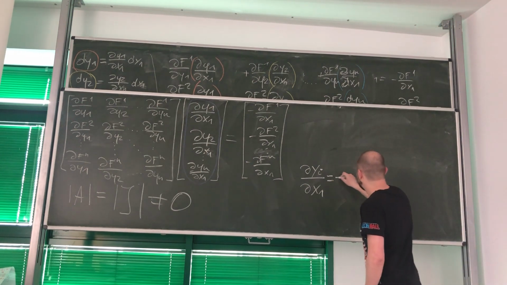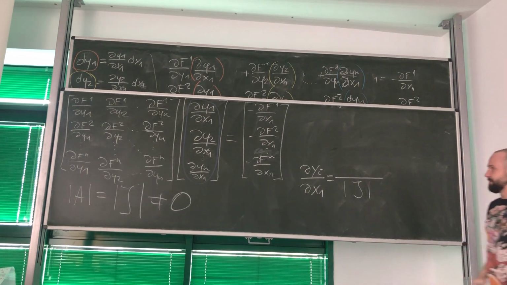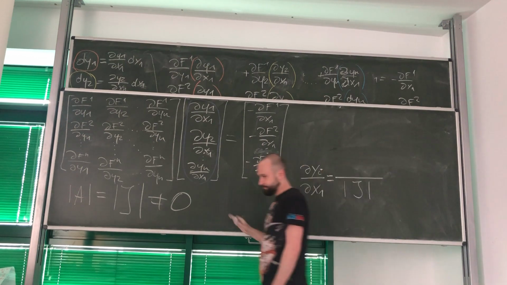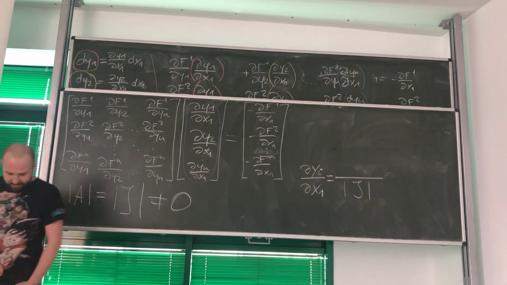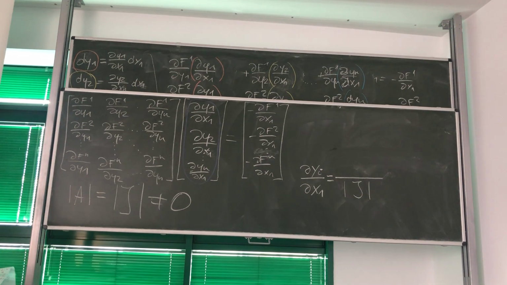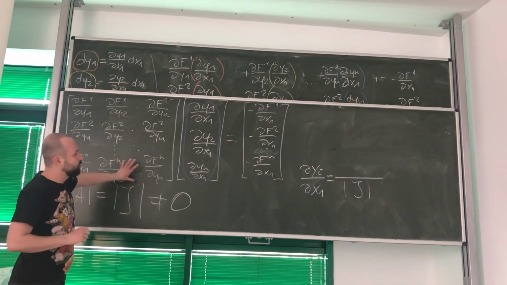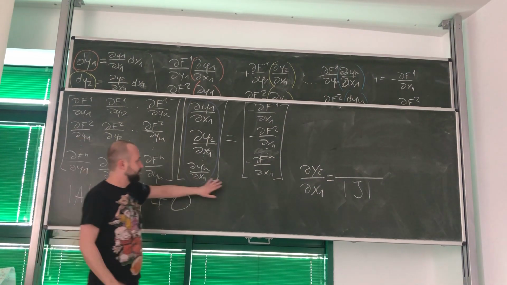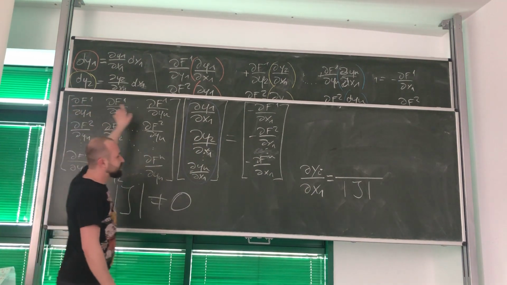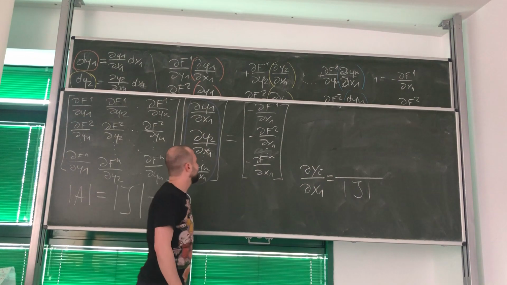Look, we would say, of course, the Jacobian, we will be dividing by it. And then, if I want to calculate the partial derivative of, let's just say, y1 with respect to x1, what will I do?